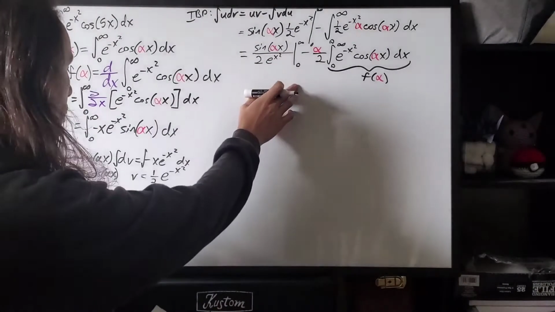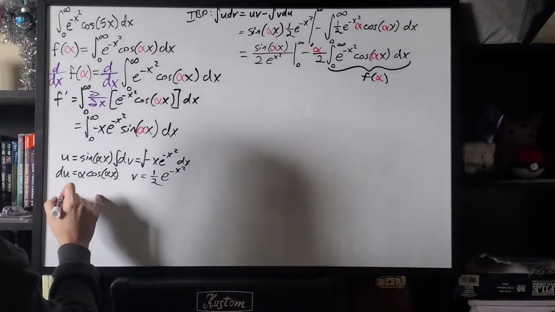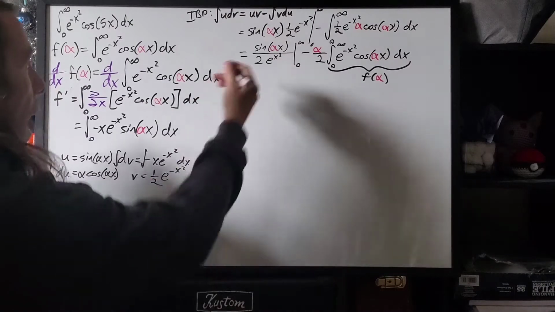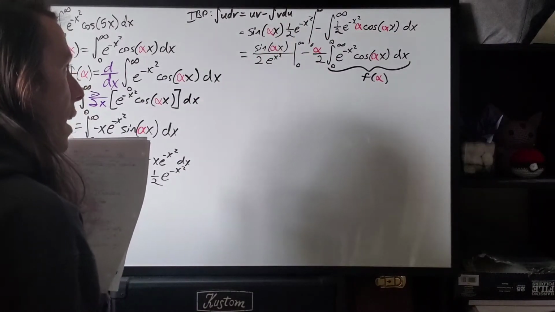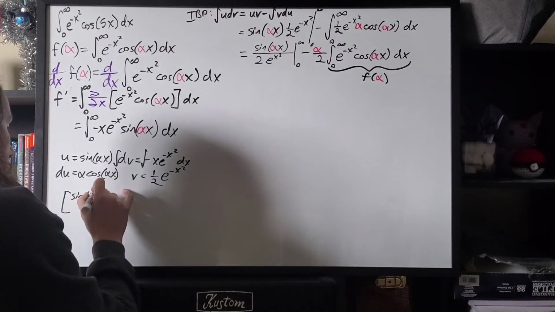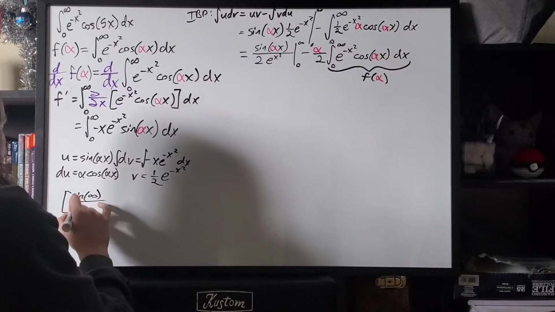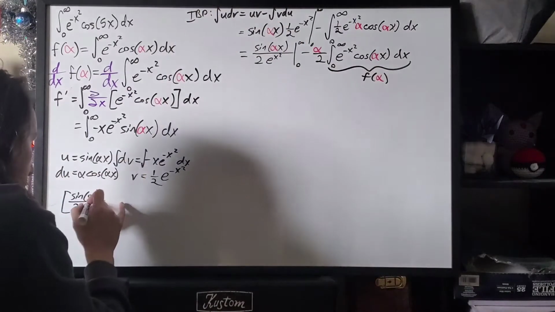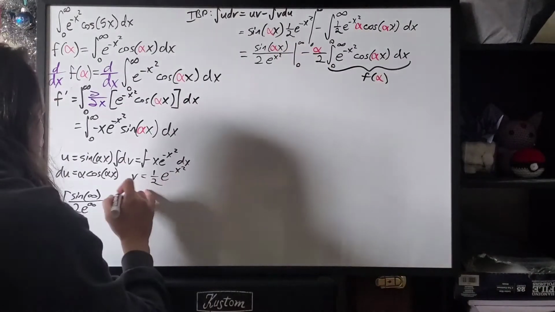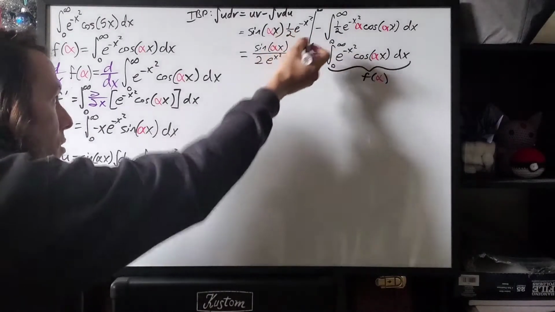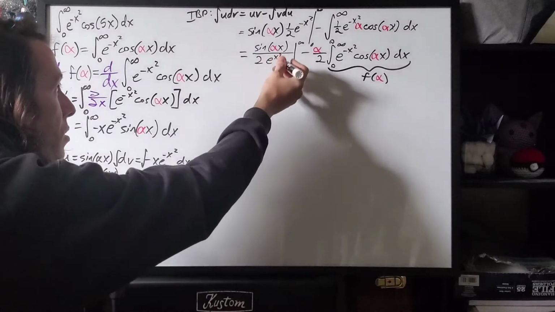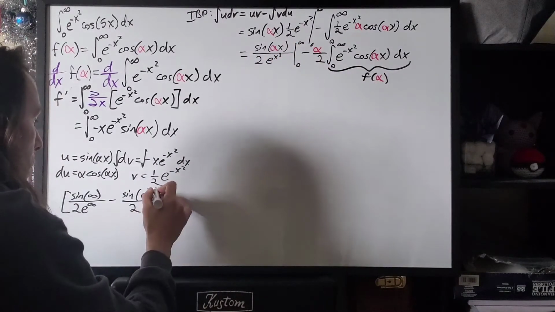Let's take it down over here for a minute and evaluate it at the bounds. We have sine of alpha x, and we're multiplying an infinity for the top bound, so this is sine of infinity divided by 2e to the infinity squared, so infinity again, minus sine of 0, since 0 times anything is 0, divided by 2e to the 0, and e to the 0 is 1, so it's just divided by 2.